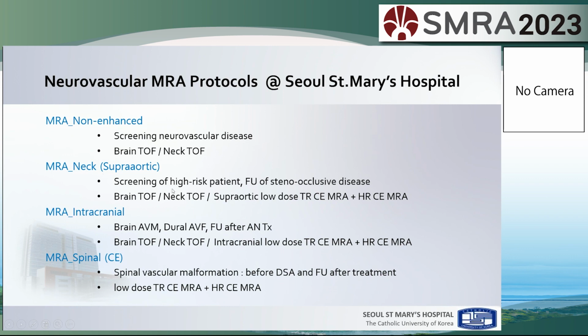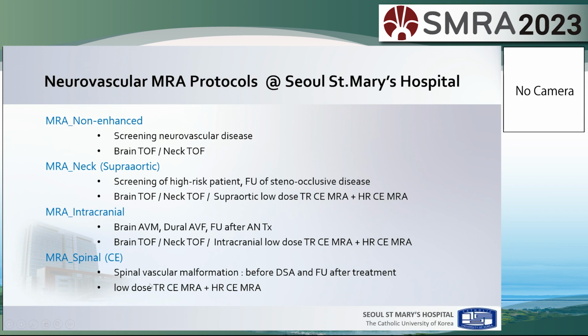And for the high-risk patient of atherosclerosis, or longitudinal follow-up of the disease, we do the TOF neck followed by combined acquisition of multiphasic low dose followed by high-resolution single phase with a divided injection of the contrast media. And for the neurovascular disease, after follow-up, we do intracranial.